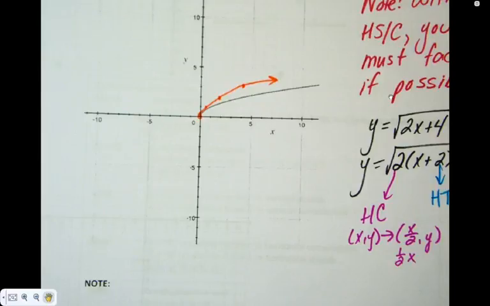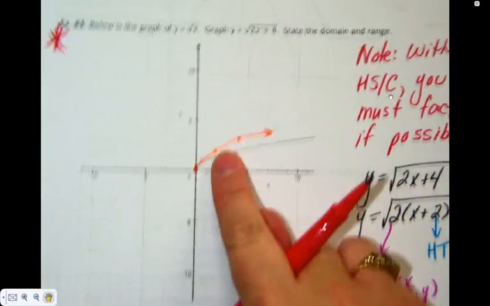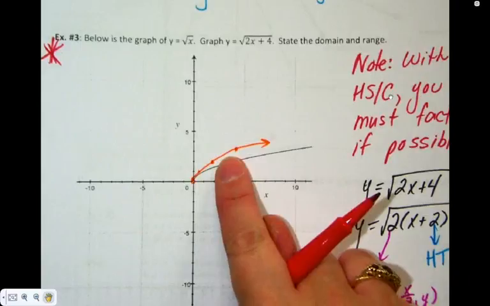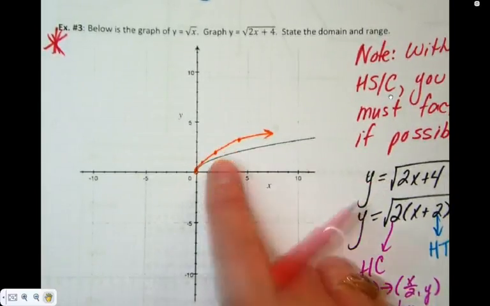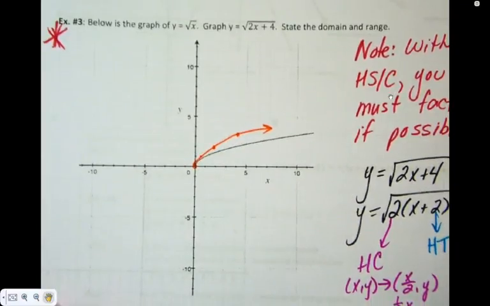Going to red pen because this is going to be our last graph. Going to the orange graph for me, not back to the original. We're always working off the last graph. What are we going to do with it? We're going to pick it up and move it 2 units.